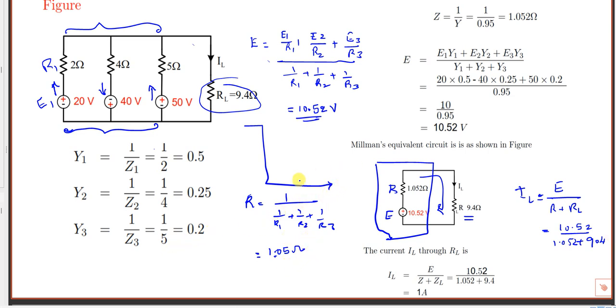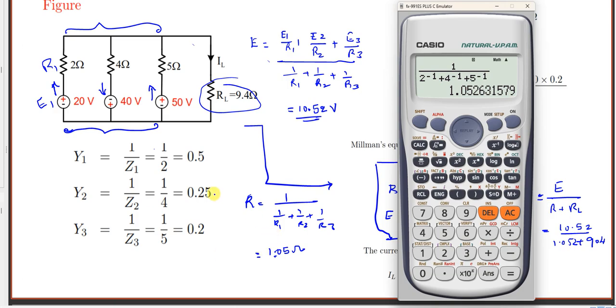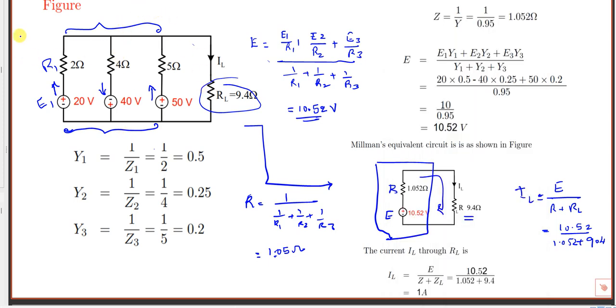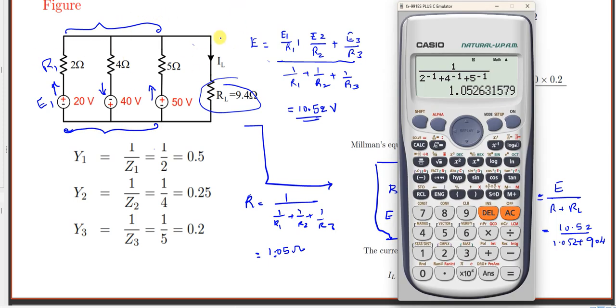You're going to get approximately 10.52. Let us do it now.